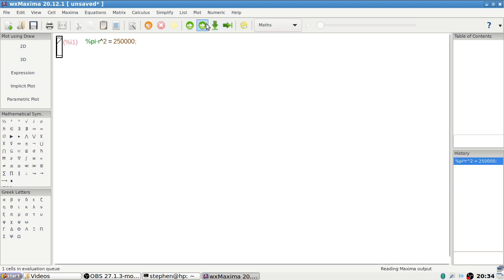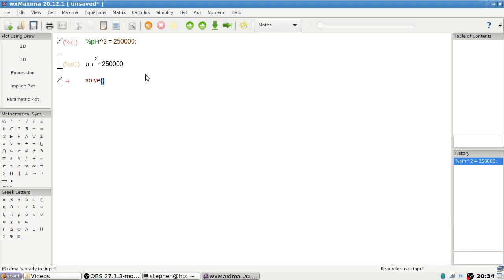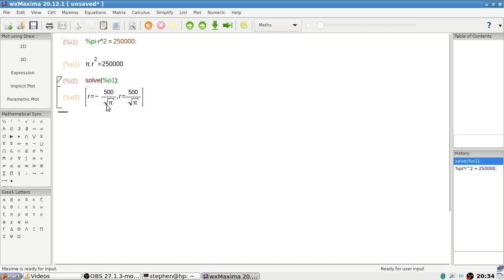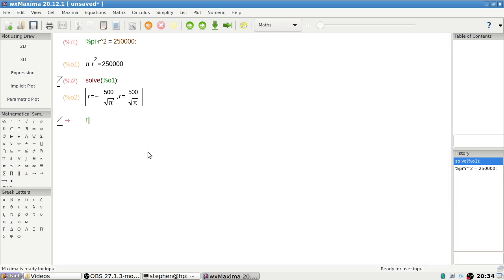I don't think anything will happen if I just run that. But what I can do is type solve %01. I think this should do the trick. Yeah, obviously we don't want the negative answer here, so we'll just type in 500 divided by square root pi.